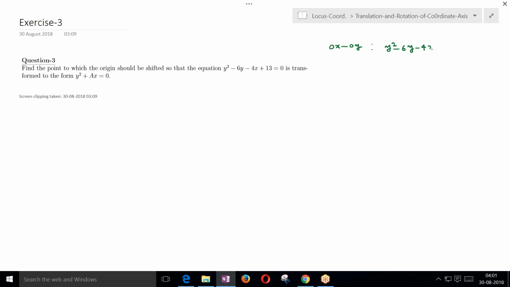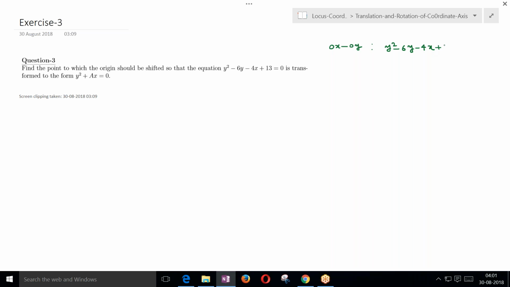Now this coordinate system has been transformed to capital X, capital Y. And what is the transformed equation? The transformed equation is y square plus capital A X equal to 0, where A is any real number.